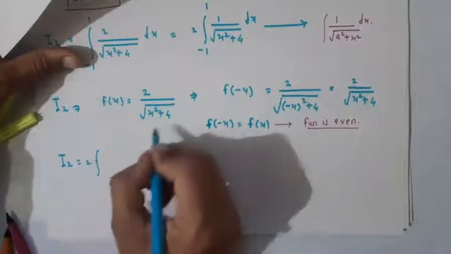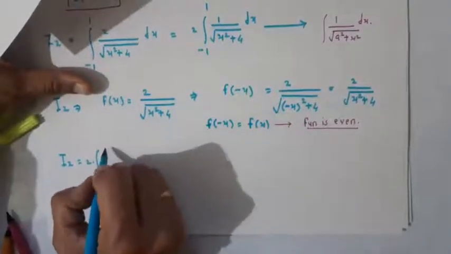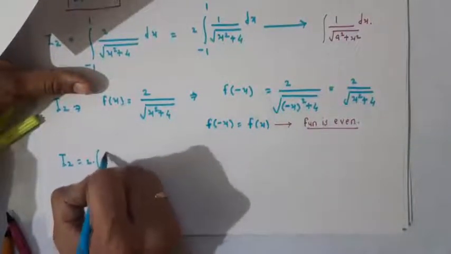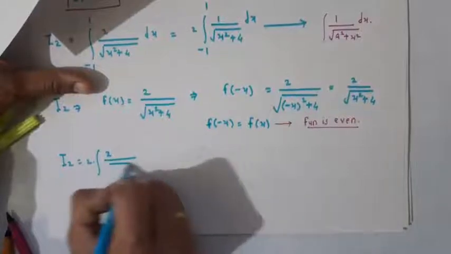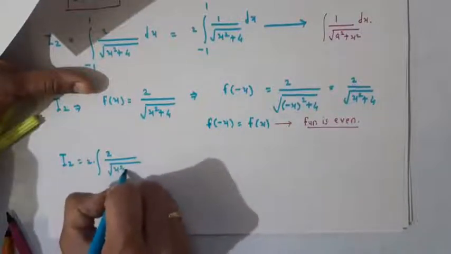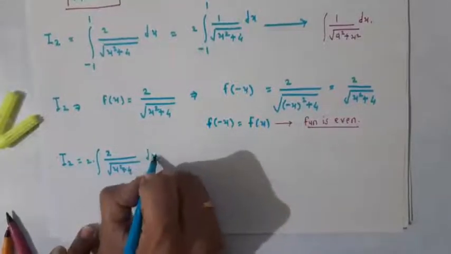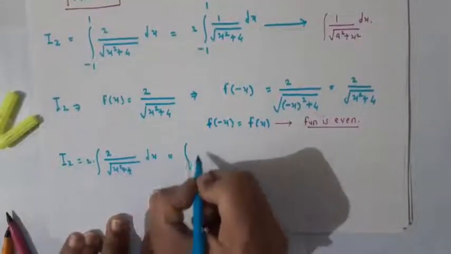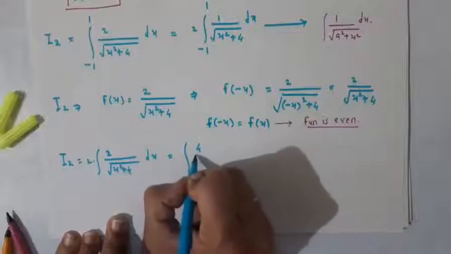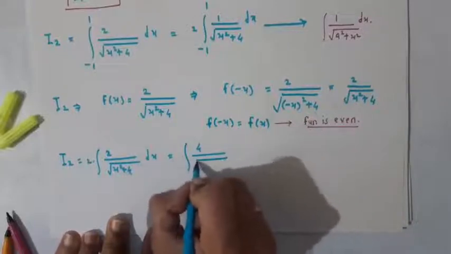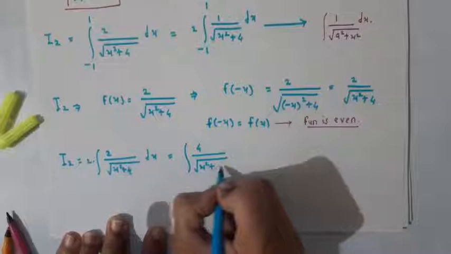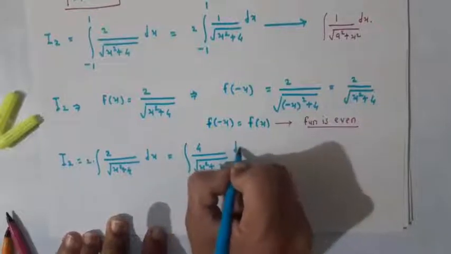So here f of x is 2 upon square root of x square plus 4 with respect to x, and therefore this is 4 upon square root of x square plus 2 square with respect to x.